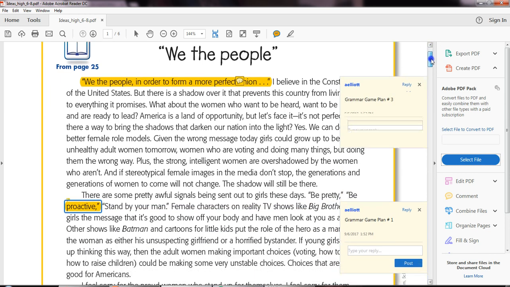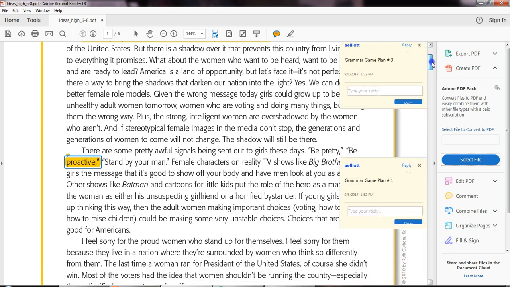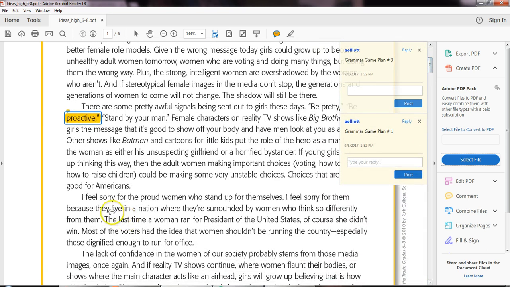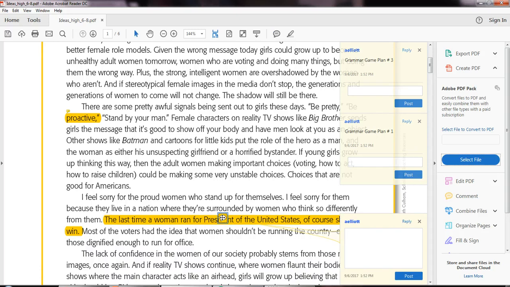And then I'm going to keep going through my paper, and there was one more thing here. I'm going to highlight this sentence, and then I'm going to comment grammar game plan number 20.